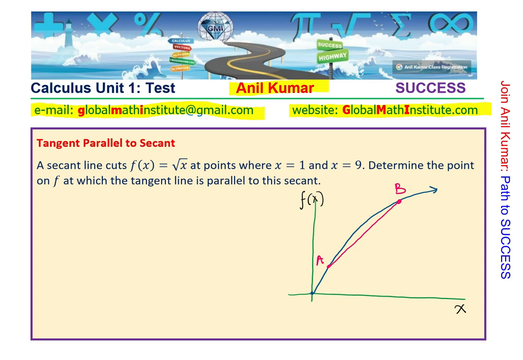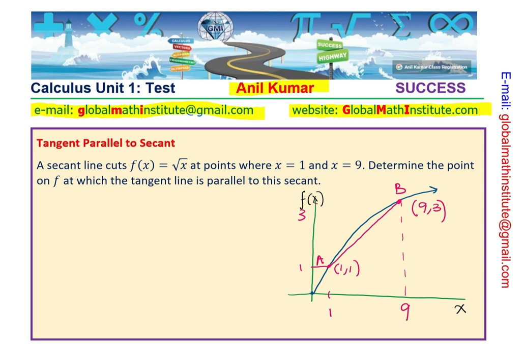Coordinates of point A: we know the x value here is 1, so it is going to be 1, square root of 1, which is 1, so we can say (1, 1). At B, the value of x is 9, and square root of 9, this is not to scale for sure, is going to be 3. So this point here is (9, 3). Once you identify the 2 points, it is very easy to find the slope of the secant line.